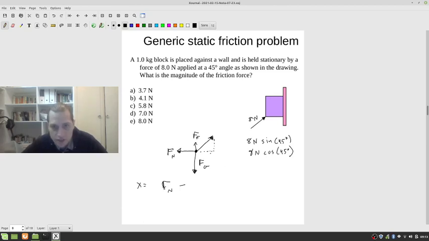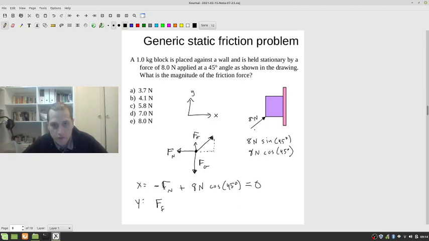If I have my x direction this way and my y direction that way, in my x direction I would have minus Fn, because it's pointing in the minus x direction, plus 8 newtons times cosine of 45, equals 0.